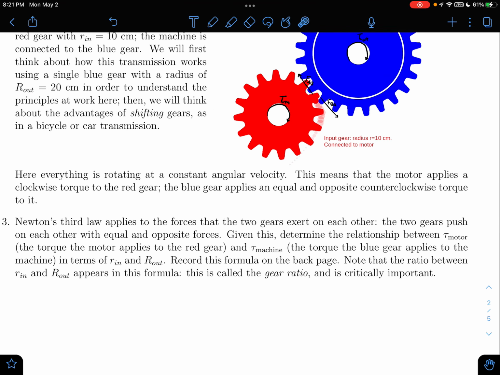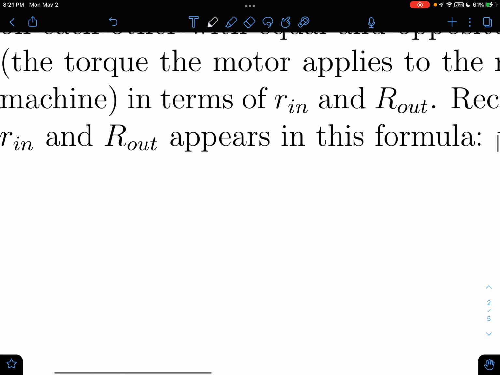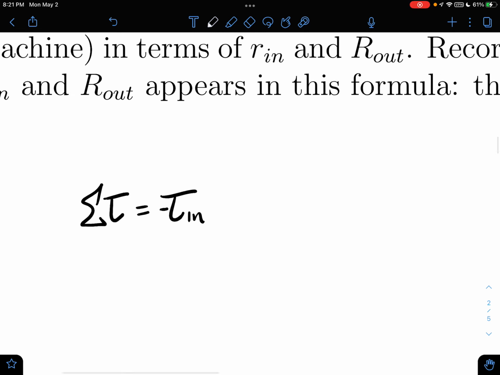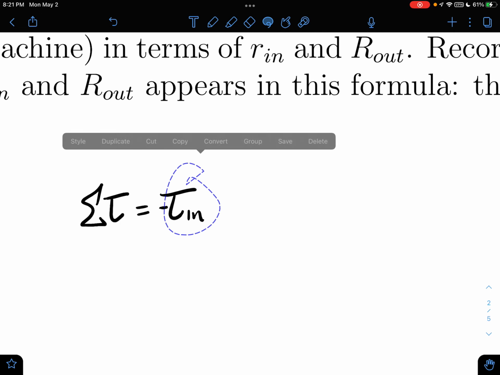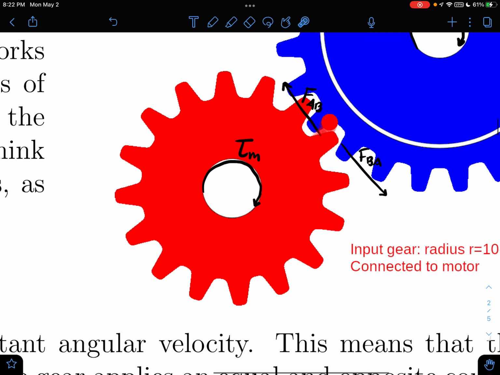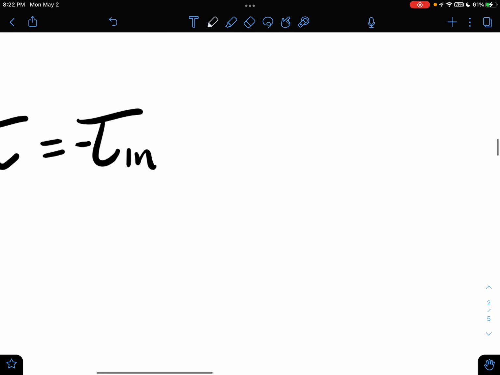So if I start with some of my torques on the red gear, we have the input torque going clockwise, and then we have our torque done by the blue gear. I'm just going to call this F because it's the only force we have.